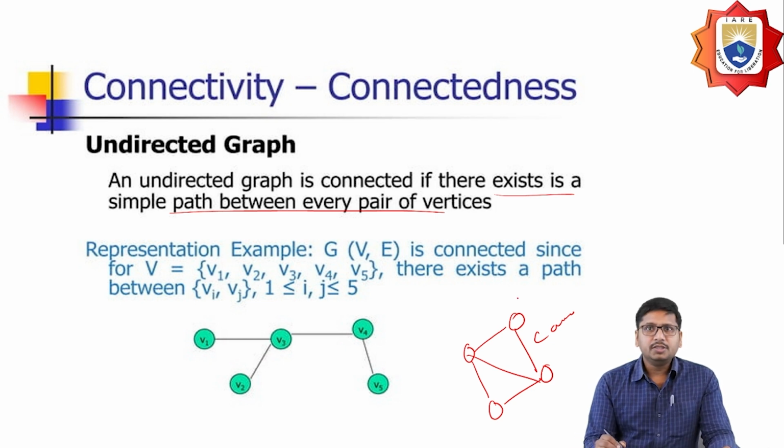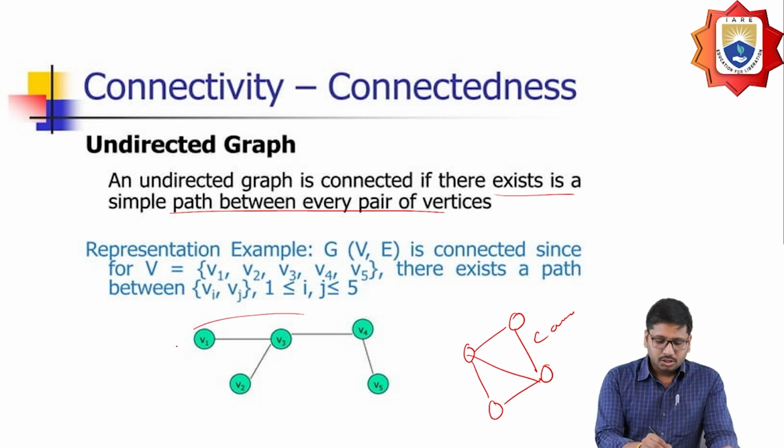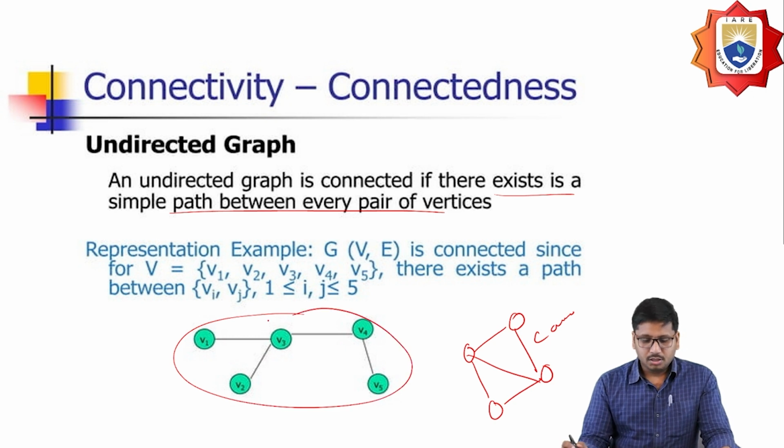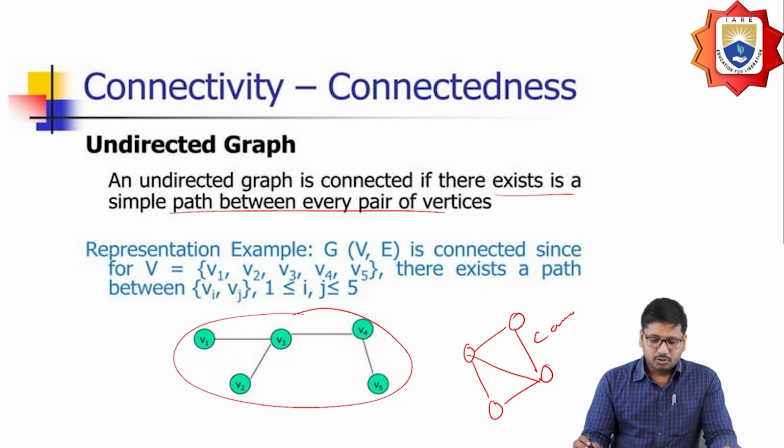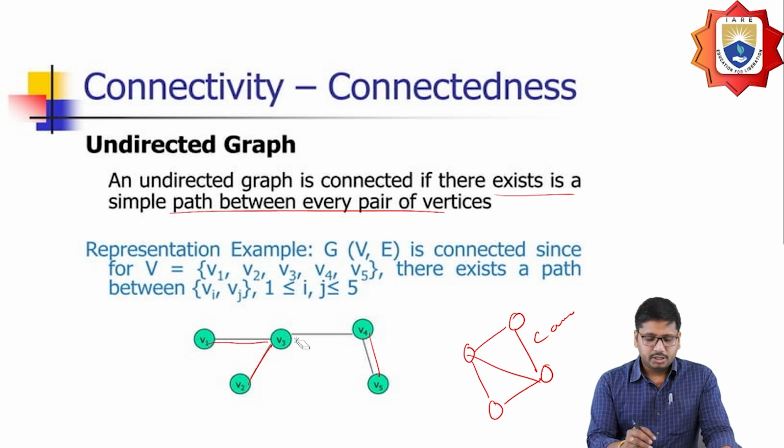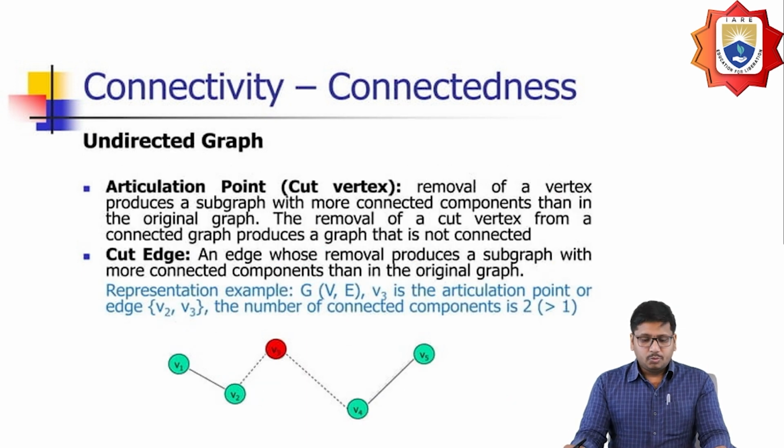In this representation, this is the undirected graph. There exists a path from v1 to v2, v3, and v2 to v3, v3 to v4, and v4 to v5. Similarly, there is an articulation point, which we call a cut vertex.